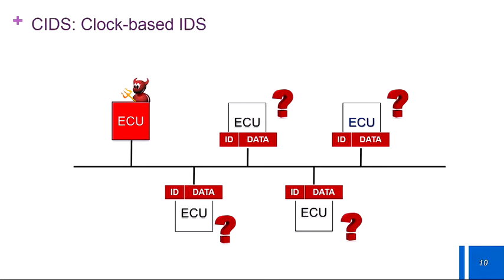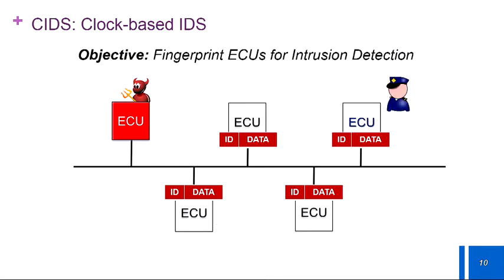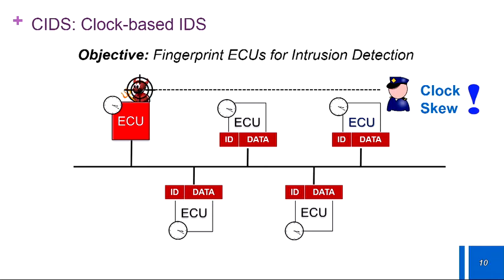So to answer these two questions, in this paper, we propose a scheme that can fingerprint ECUs for intrusion detection. The fingerprinting is done by extracting clock skews of transmitters. By using these clock skews as a reference, we detect malicious messages that are injected on the bus and detect intrusions.